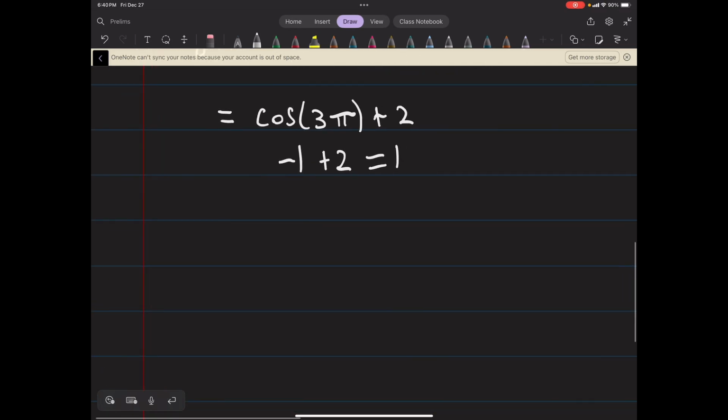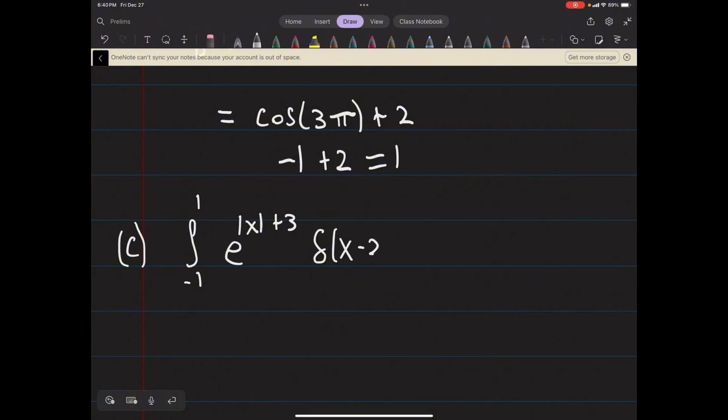The only tricky part here is C, which is the integral from negative 1 to 1 of e raised to the absolute value of x, plus 3, times delta x minus 2 dx.